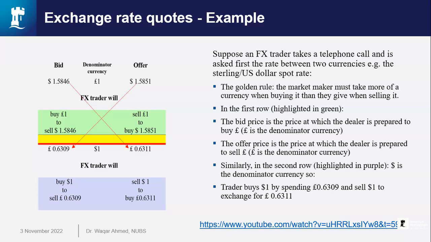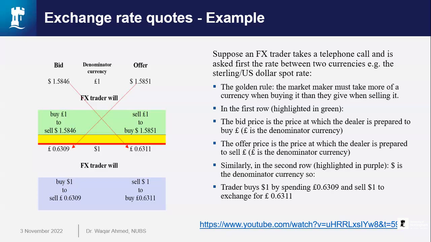The bid price is $1.5846 per pound, and the ask price is higher, 1.5851, slightly higher.